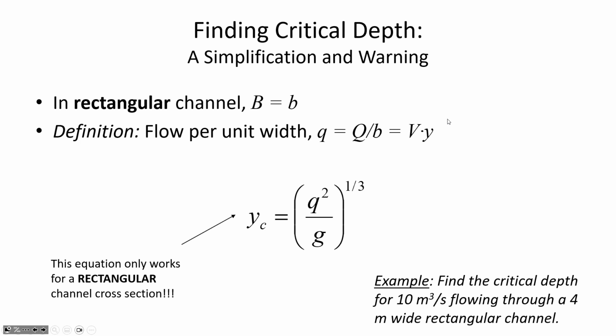So let's do 6.25 divided by 9.81, and then to the 1/3 power. And lo and behold, it gives us the same 0.860 meters of depth that we had earlier determined from the full formula for calculating what's the critical depth.